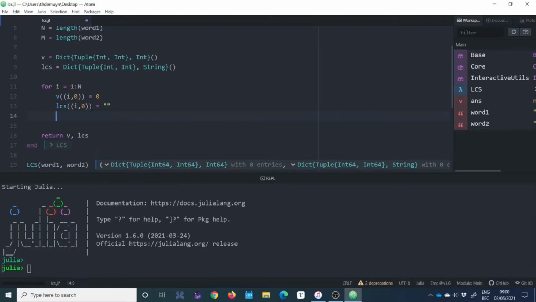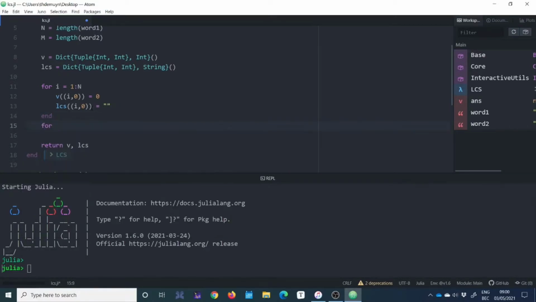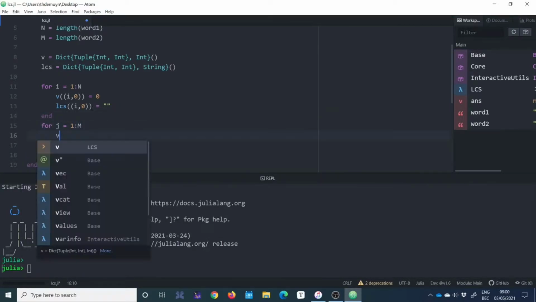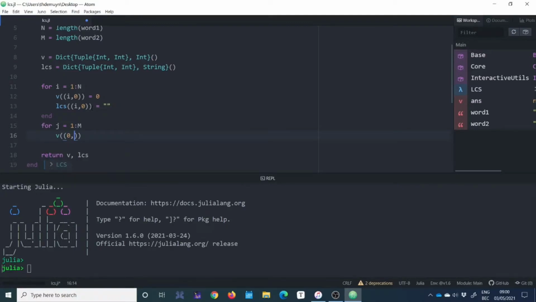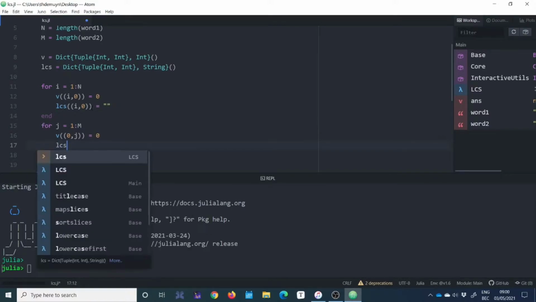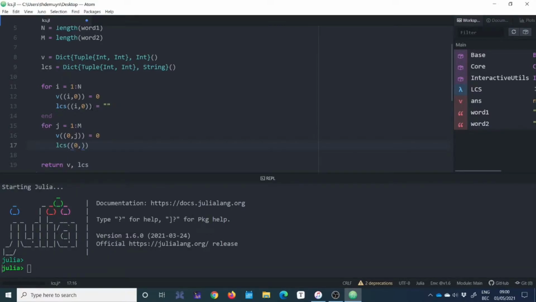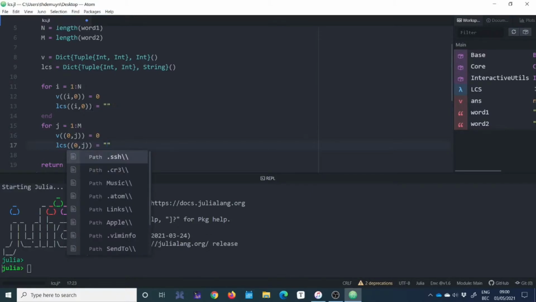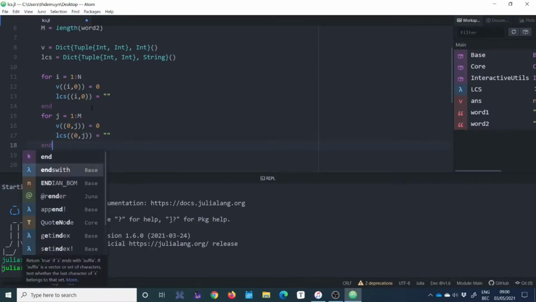And vice versa, for j equal to 1 to m, v0j is going to be 0, and the longest common substring between an empty word and the word of length j is going to be equal to the empty string.